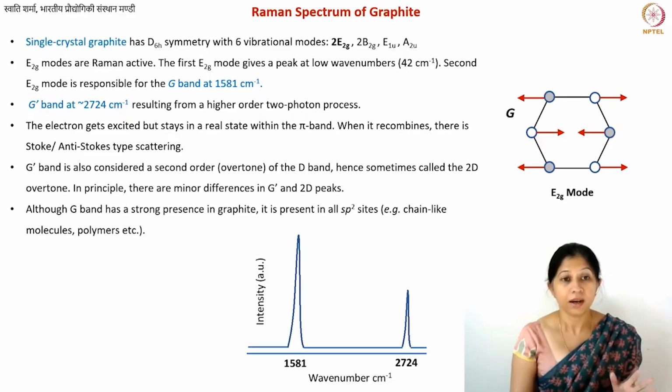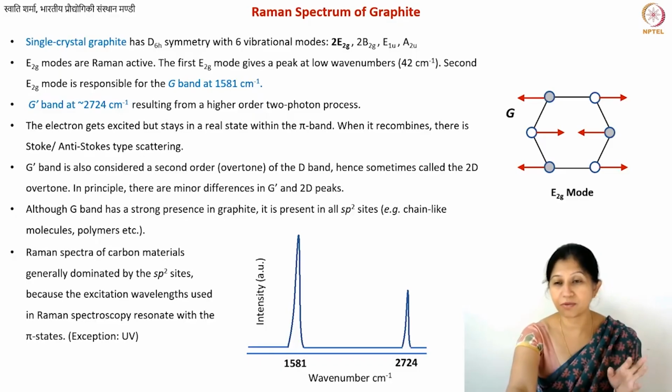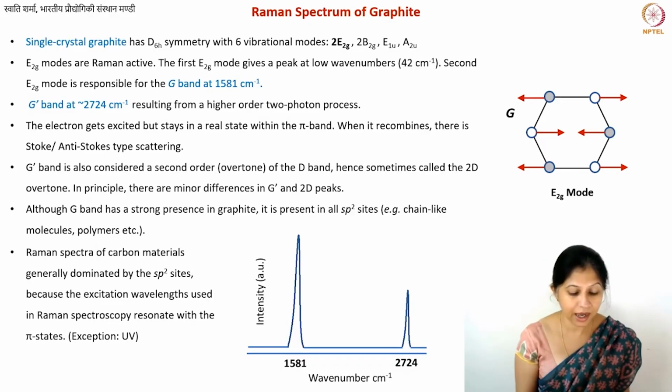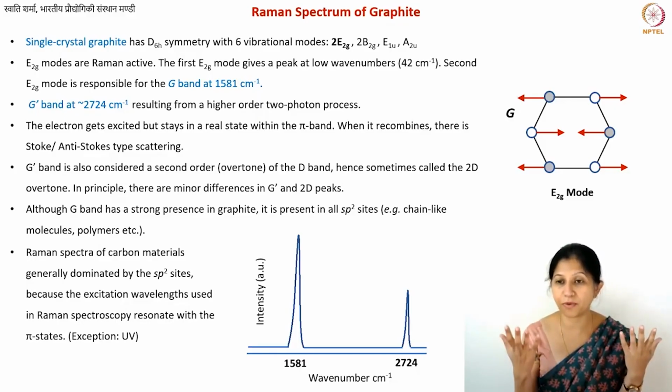Now, something I already told you is that the G band does not really mean that you have graphite in your material; you'll see it from all sp2 type carbon materials. Another interesting thing about the Raman spectrum of all sp2 type materials is that even if your material has a reasonably high degree of disorder, or let's say you're doing Raman spectroscopy of some diamond-like carbon film, in which we have both diamond and graphite type sites, so sp3 and sp2 sites.